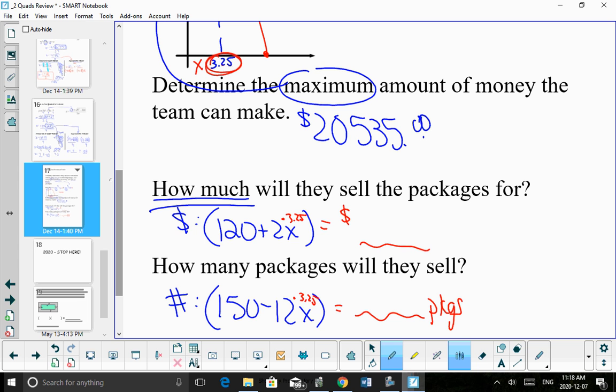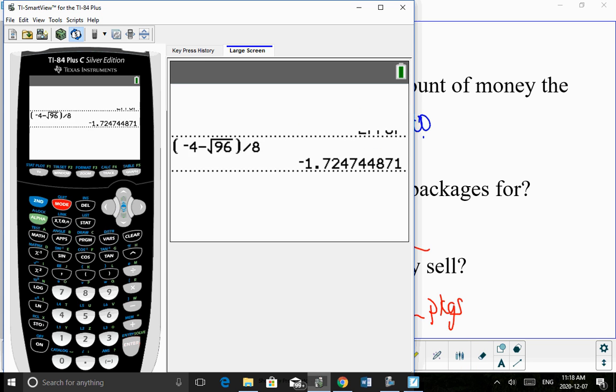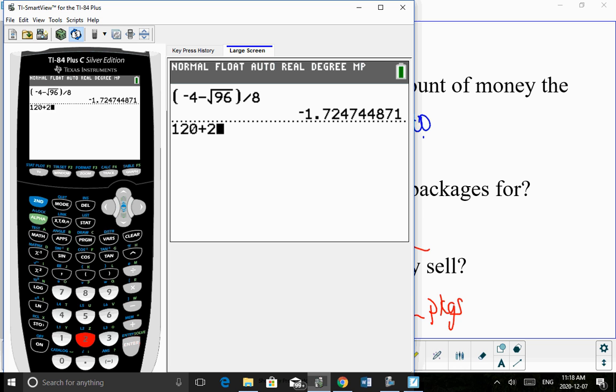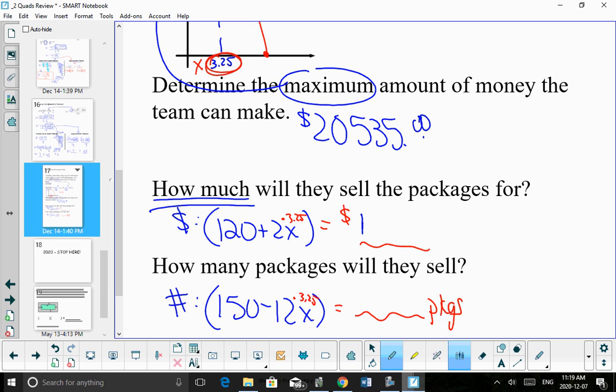And that will give me my answer. So 120 plus 20 times 3.25, I get $126.50. And that's per package. So that's what I should be selling the packages for. I shouldn't be selling for 120 bucks. I should be selling for $126.50.